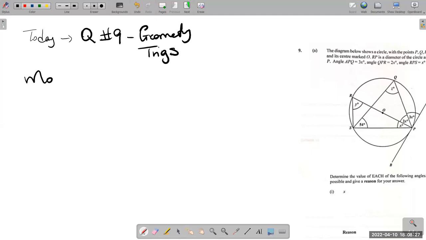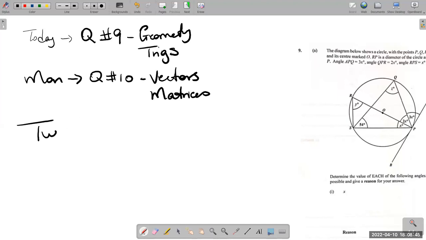On Monday, we will be focusing on vectors as question number 10, sorry. Tuesday, measurement. We have not gone through this question yet. That will be question number 6.